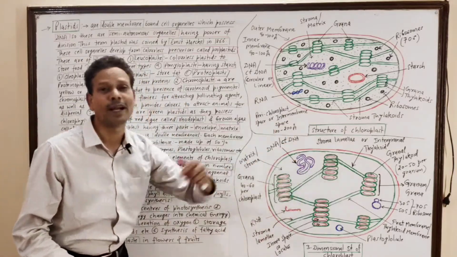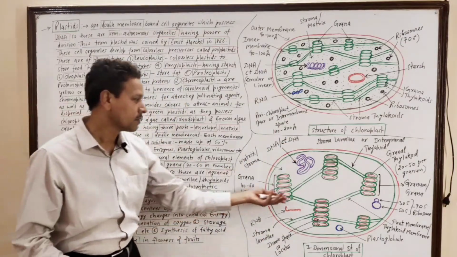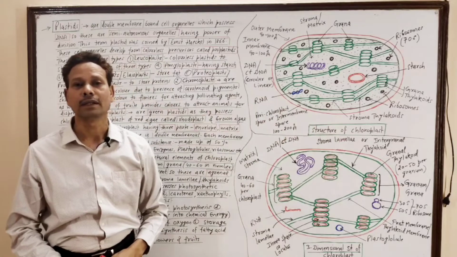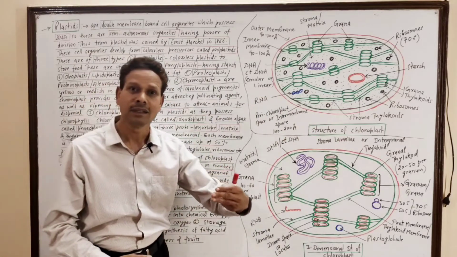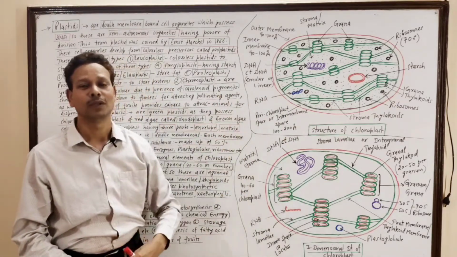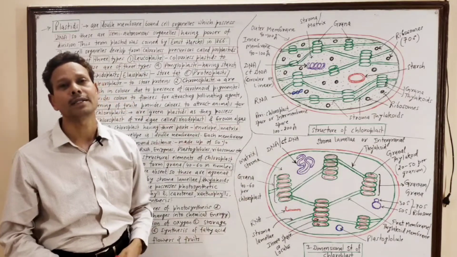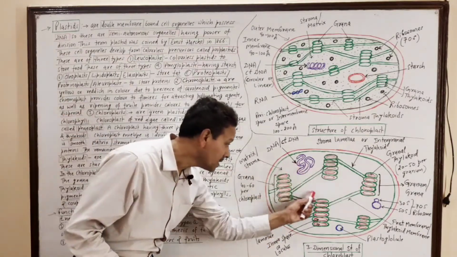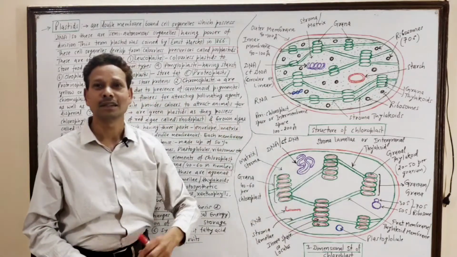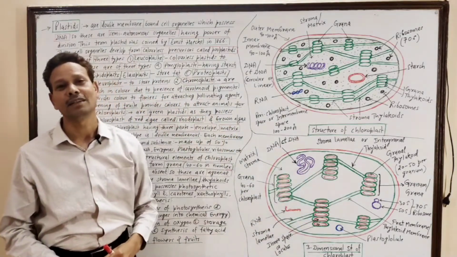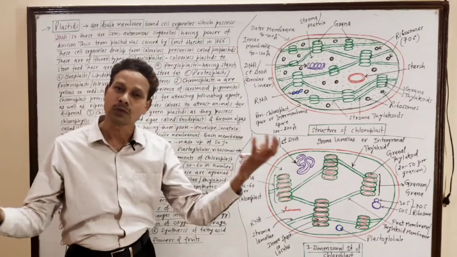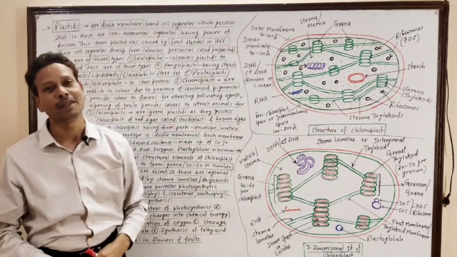In these thylakoids, certain pigment molecules are there, like chlorophyll a, chlorophyll b, xanthophylls, carotenoids. As well as in these thylakoids, coupling factors are there to synthesize ATP.